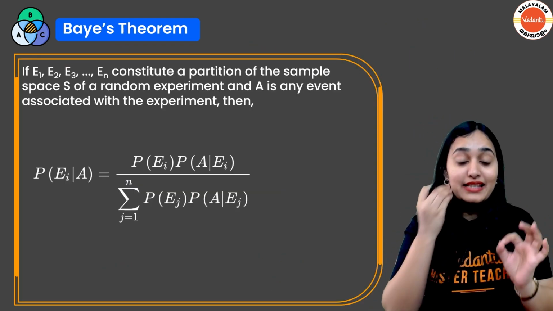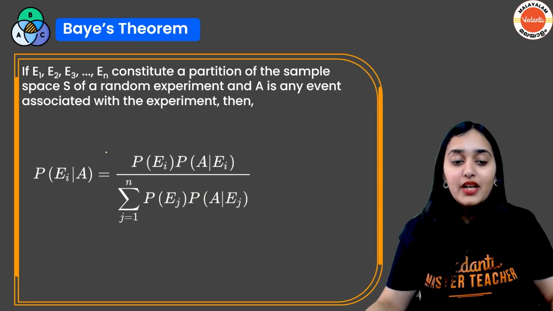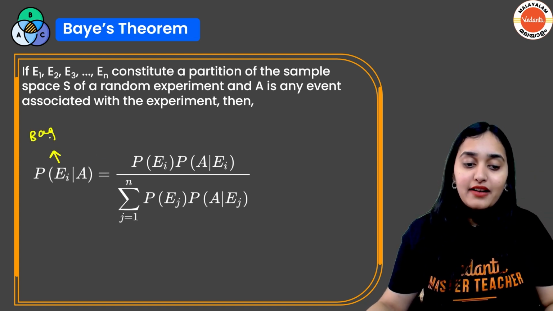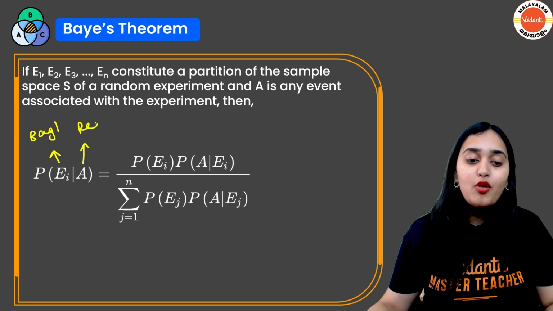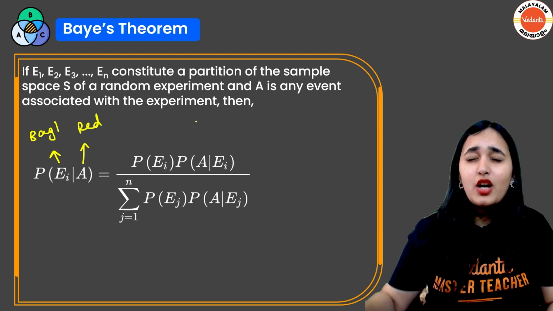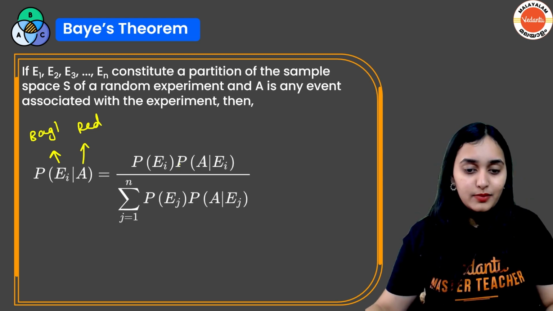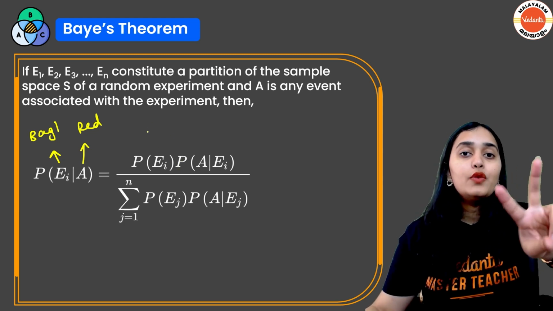Bayes theorem basically says when you want to calculate something ulta, something opposite, that what is the chance of getting bag 1 when a red ball was chosen. So what will be the probability? Basically the total probability formula will be used. Here you will do opposite.